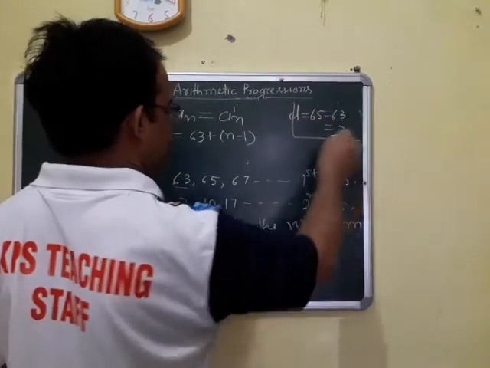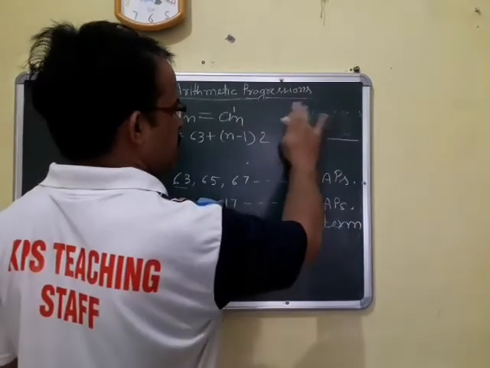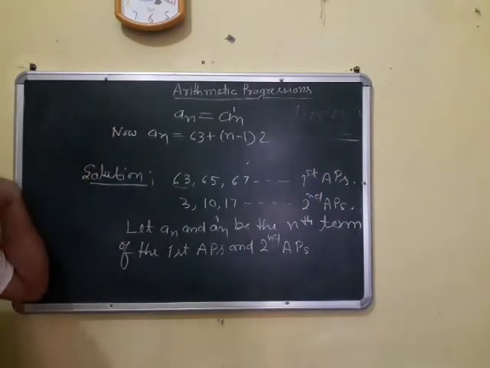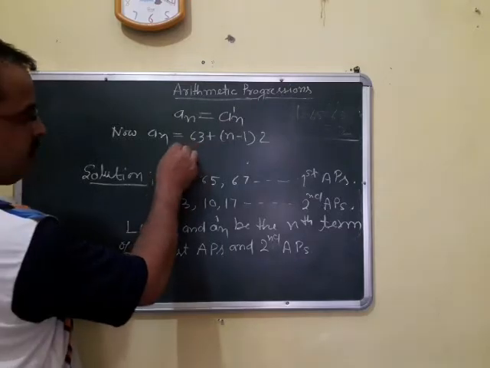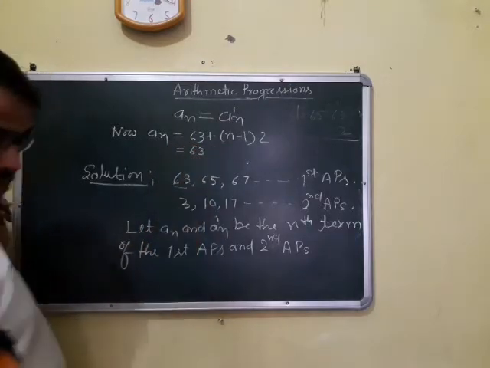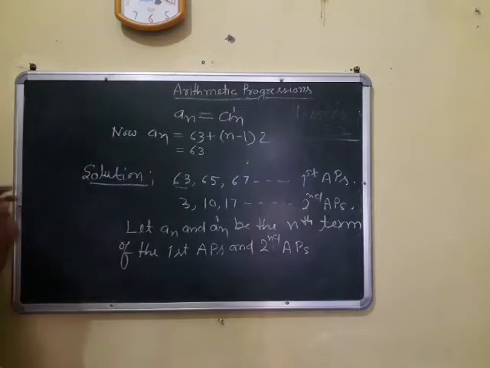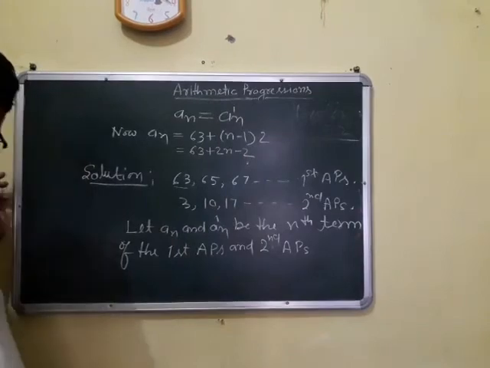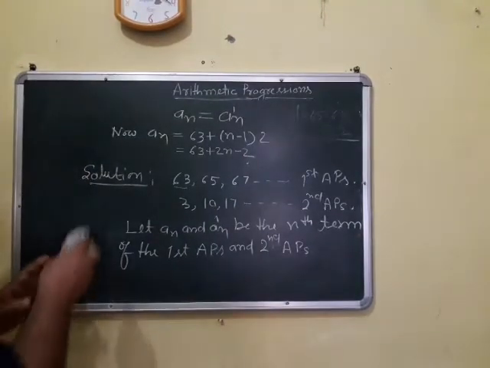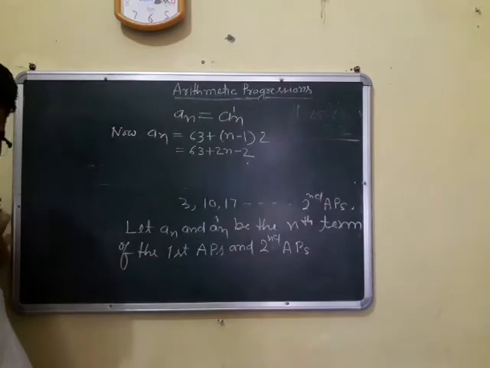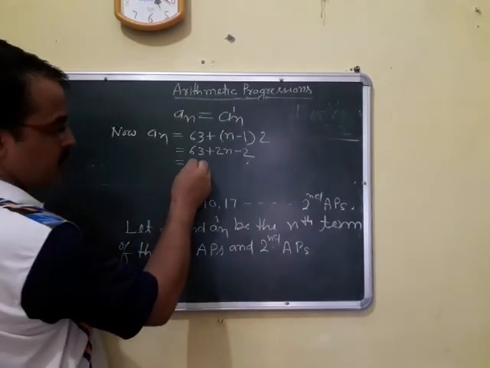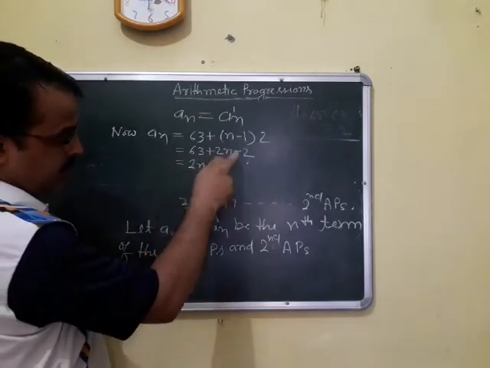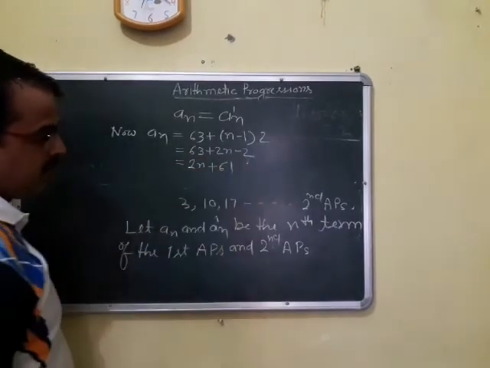So d is 2. Clear? Now 63 plus 2n minus 2. Look here, what we get is 2n plus 63 minus 2, which is 61.